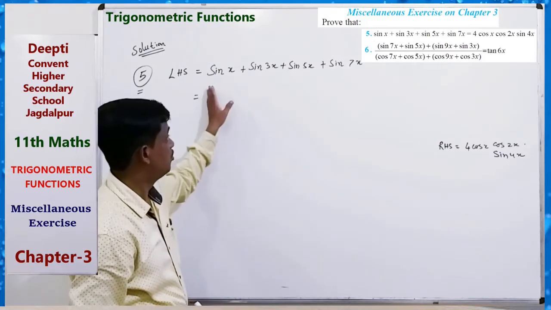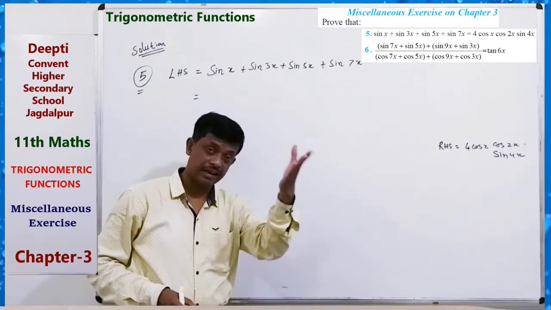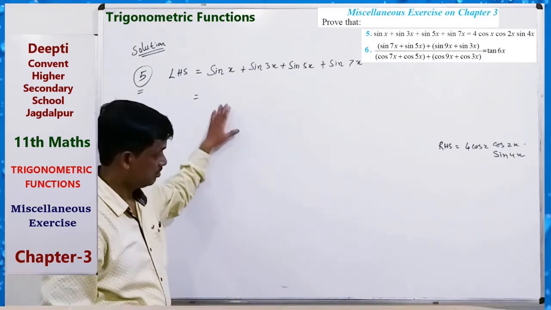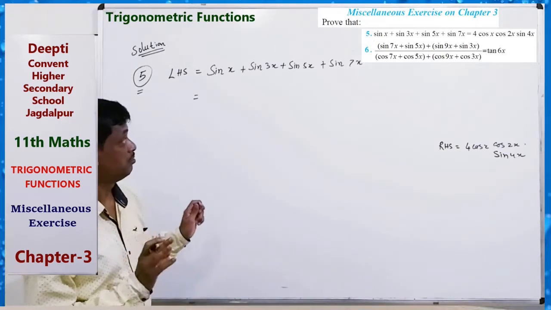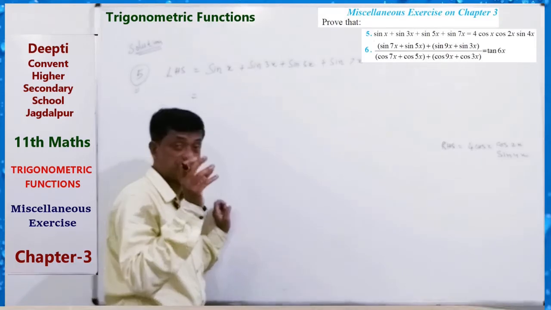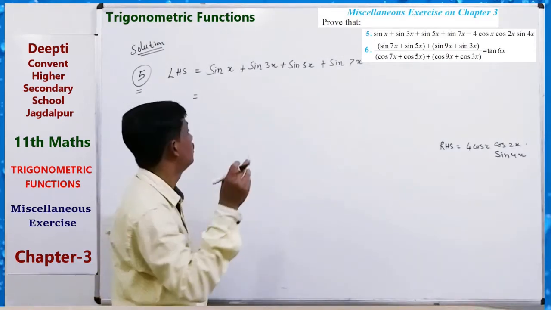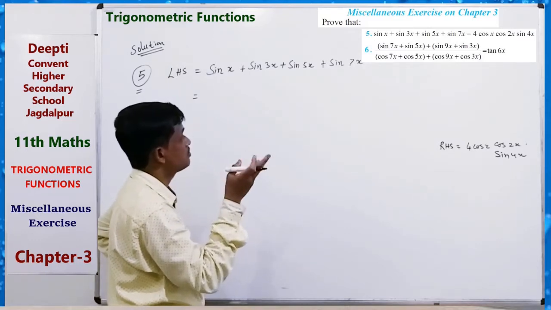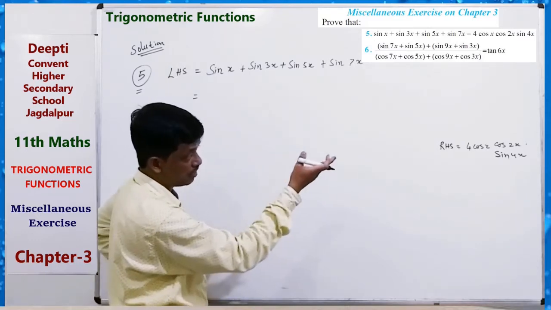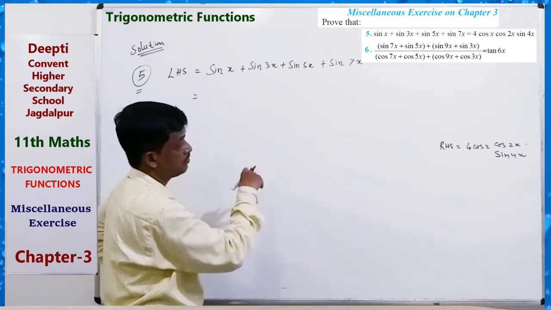If the combination is wrong, you can also get the final result, but the process will be long. So make the combination very seriously. Here 3 plus 7 is 10, 1 plus 5 is 6.